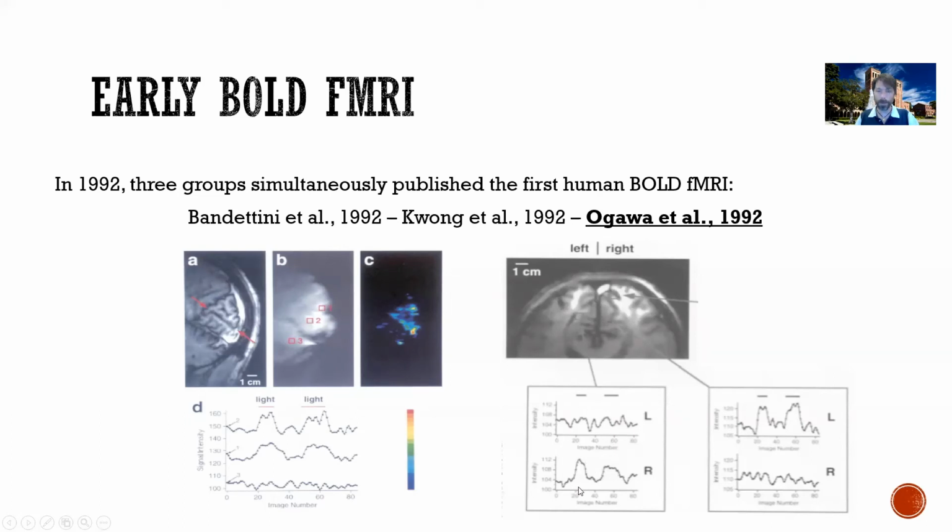And now you can look down here. These two lines tell you when the visual stimulation was turned on. Let's start with the bottom stimulus. Again, on the y-axis, you're seeing the strength of the T2 signal. On the x-axis, you are seeing time.